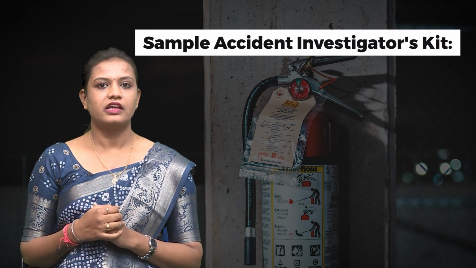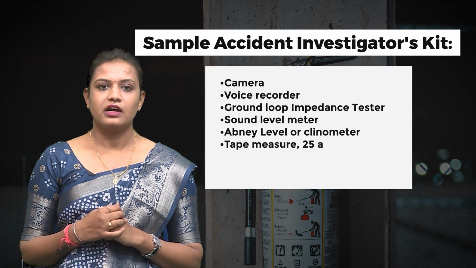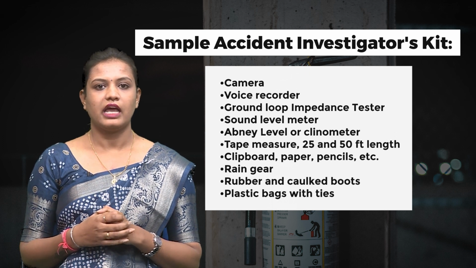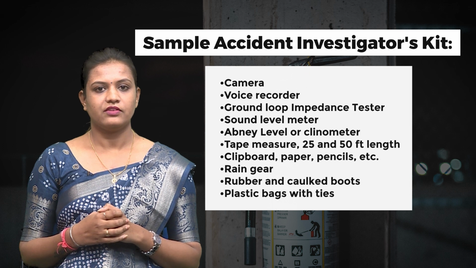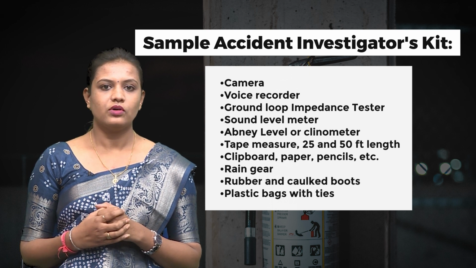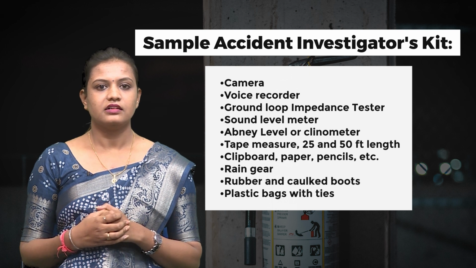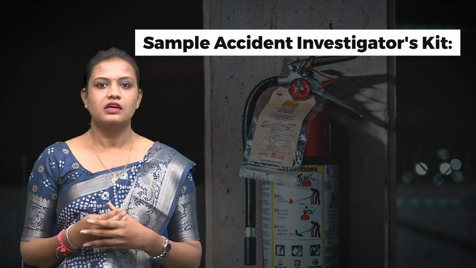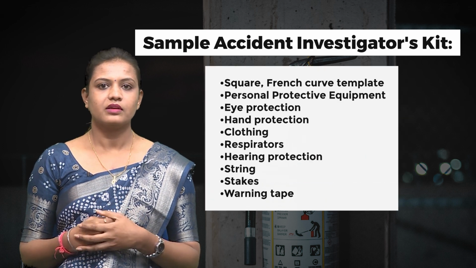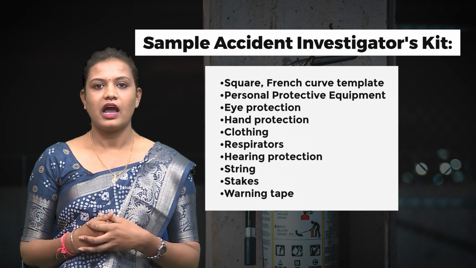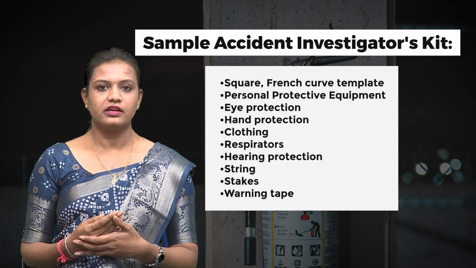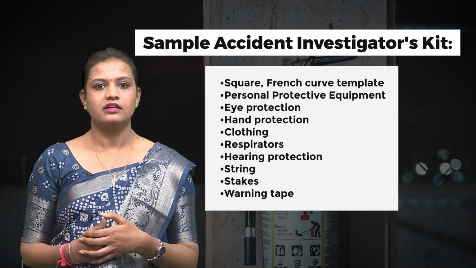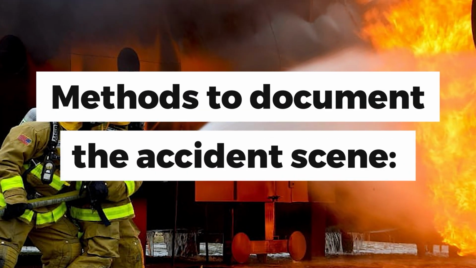The accident investigation kit should include a camera, voice recorder, ground loop impedance tester, sound level meter, Abney level, tape measure 25 and 50 feet length, clipboard, paper, pencils, rain gear, rubber and caulk boots, plastic bags with ties, square French curve template, personal protective equipment, that is eye protection, hand protection, clothing, respirators, hearing protection, strings, stakes and warning tape. Let's go through these methods.